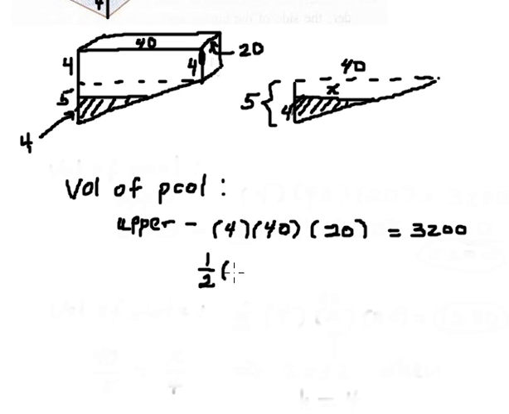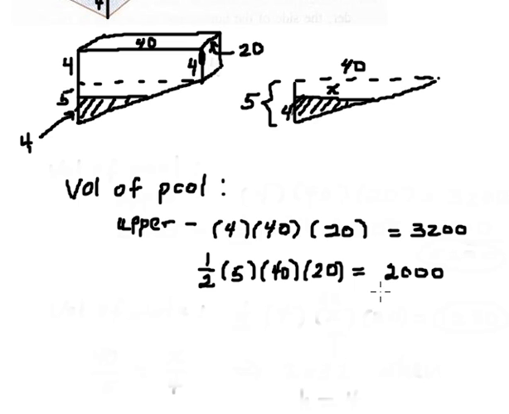Alright, so that would be 1/2 times 5 times the dotted line, which is 40, times the depth of that figure, which corresponds to the width of the pool, and that would be 20. Alright, so that comes out to 2,000 cubic feet.